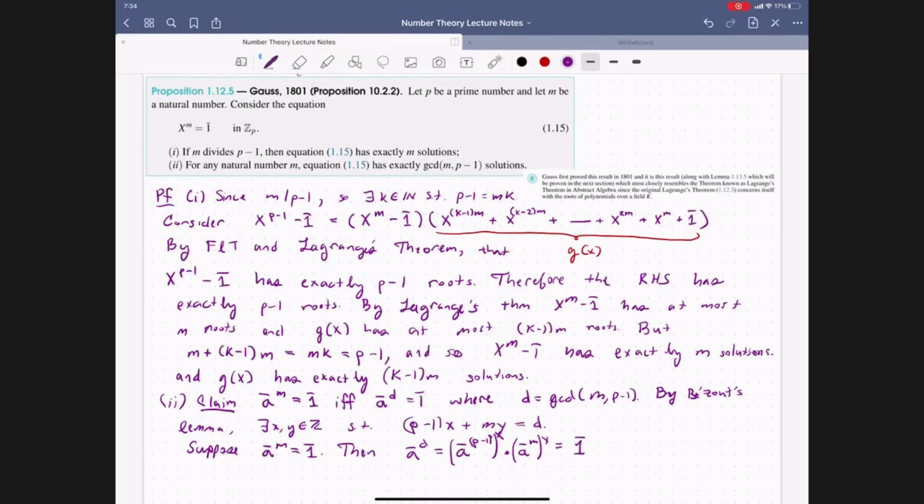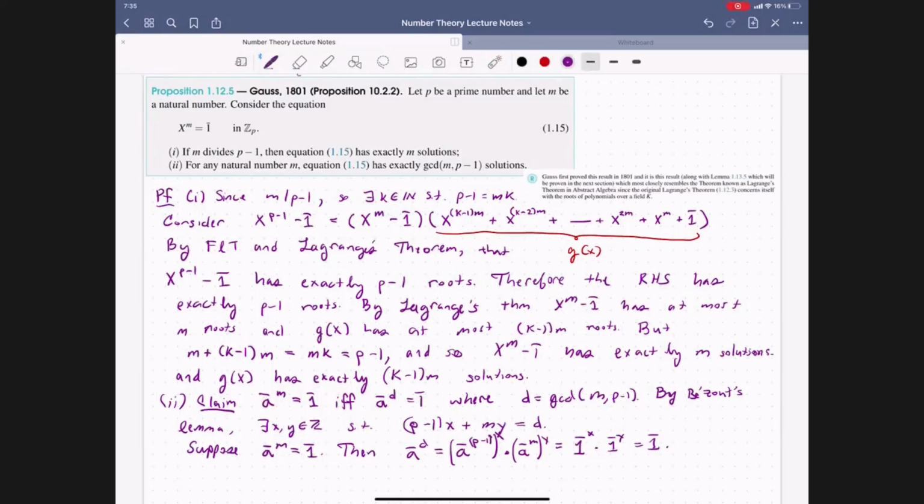And we also have a bar to the m, but that's our assumption, so that's 1 bar. So we have 1 bar to the x and 1 bar to the y, but that's just 1 bar. In other words, a to the d is equal to 1 bar, which concludes the first part of the claim.